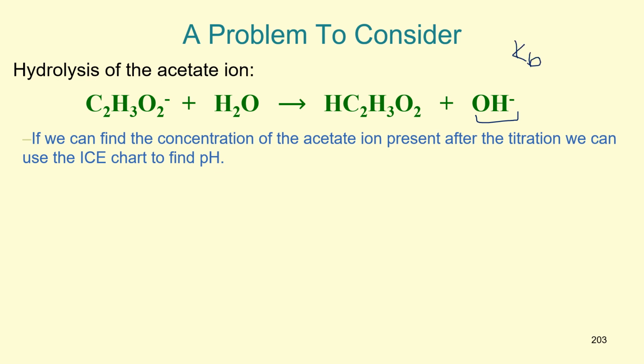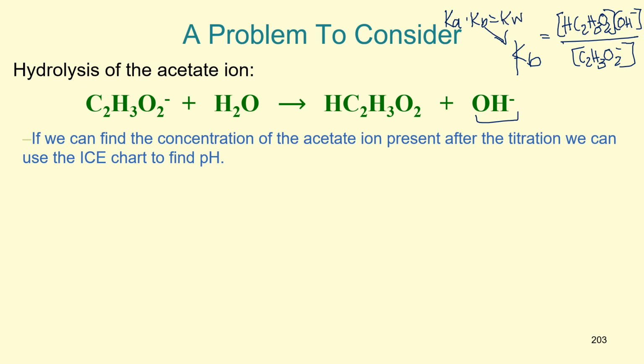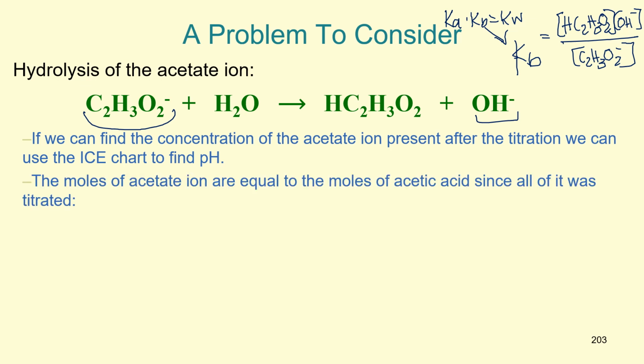Kb equals OH negative divided by C2H3O2. Now, the problem gives us the Ka, but we do know that we can find the Kb from the Ka. But what we need to know is the concentration of this. So we can use an ICE chart to find the pH once we know the concentration of the acetate.